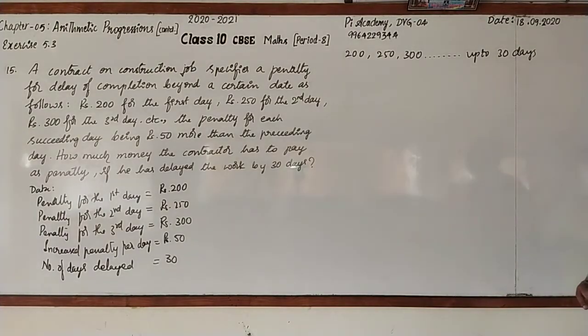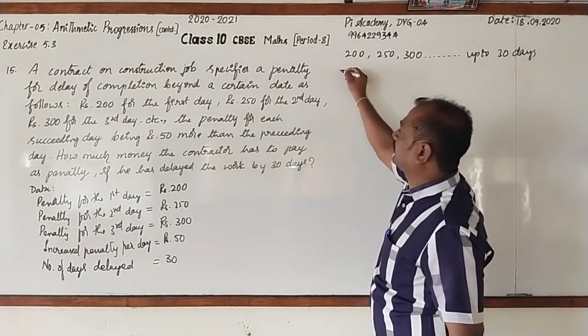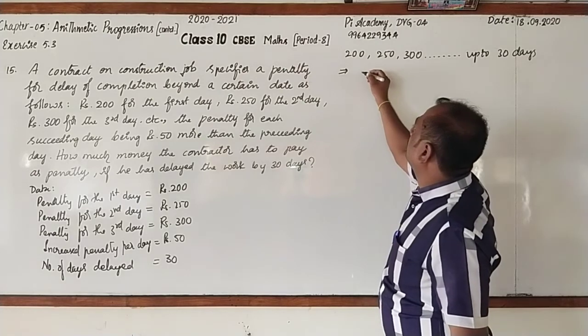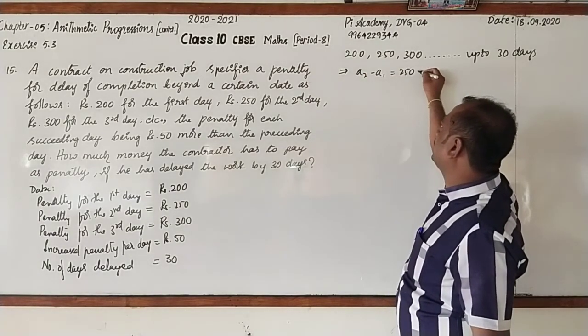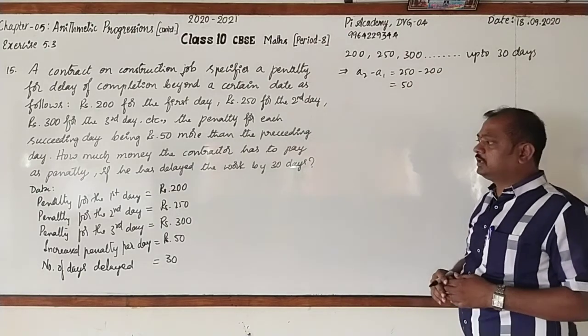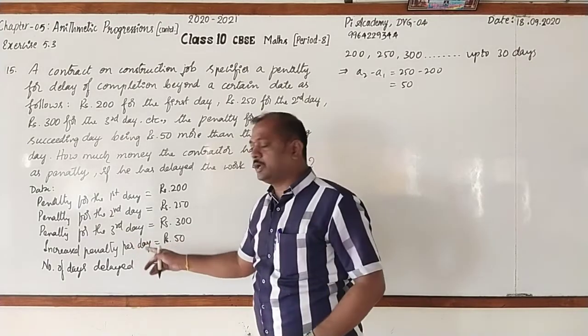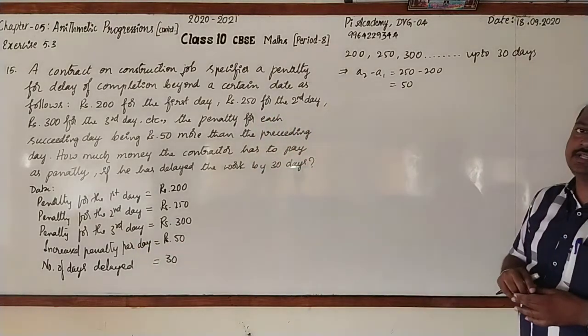First you should check whether it is in AP or not. So here I'll write: A2 minus A1, it is 250 minus 200, it's equal to 50. Even you can write it directly as the increased penalty per day is fixed. It is rupees 50. Therefore, the given situation is in AP.